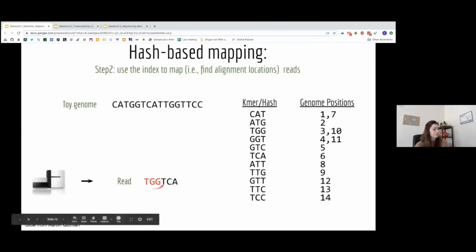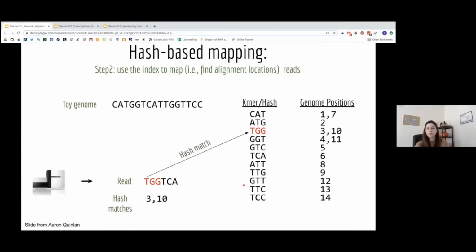So the first word in our read is TGG. And now we look in our index, where can we find a match? And we find a match here, and we write down the positions that this read could possibly be in. So based on TGG alone, this read could be starting in position 3 or position 10.